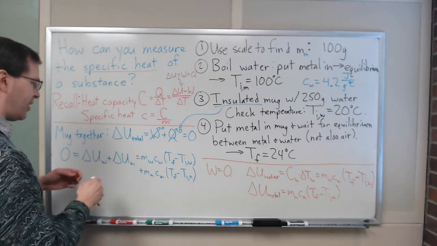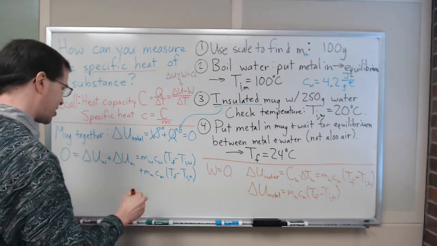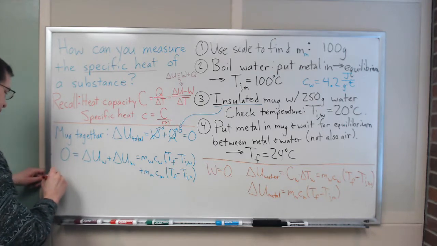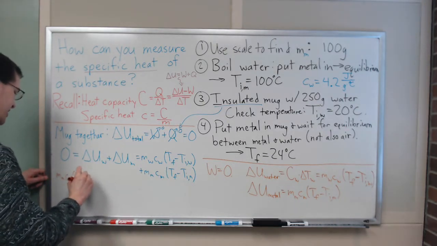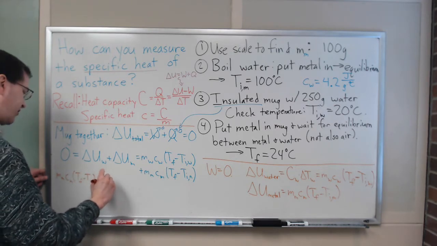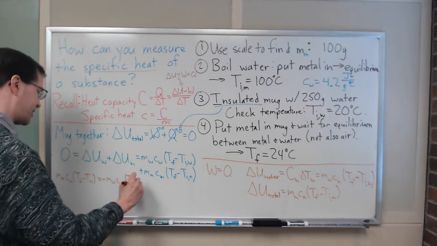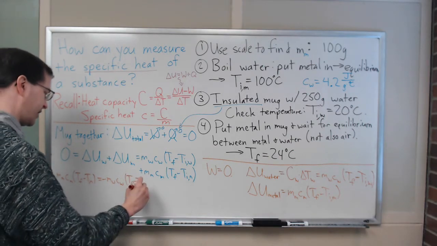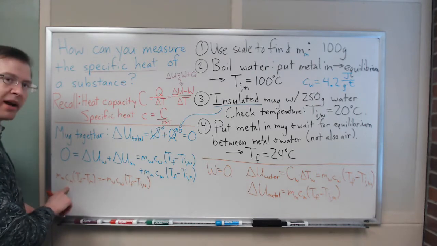Solving for C metal, I guess I'd better subtract this term from both sides. So I will get mass of the metal, C metal, (T final minus T initial metal) equals negative mass of the water, C water, (T final minus T initial water). I got that. And then to solve for C metal, I just divide.